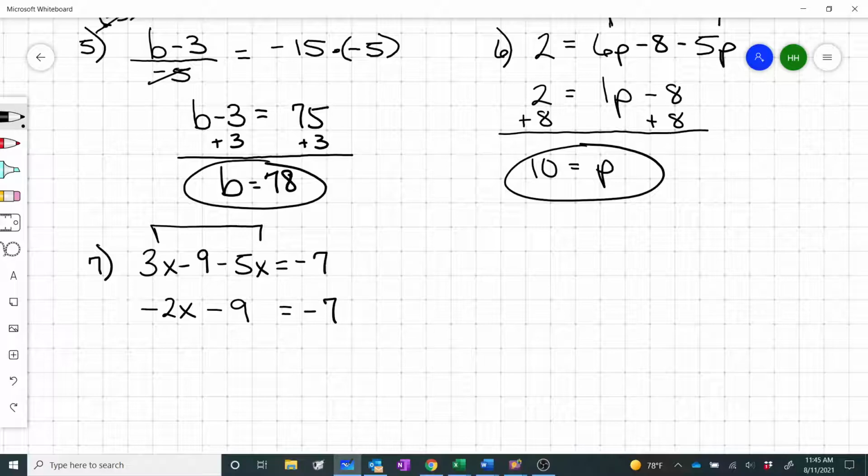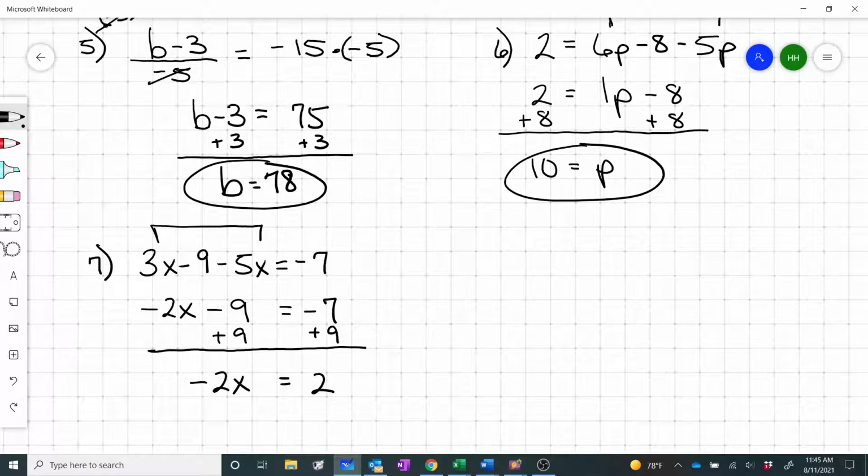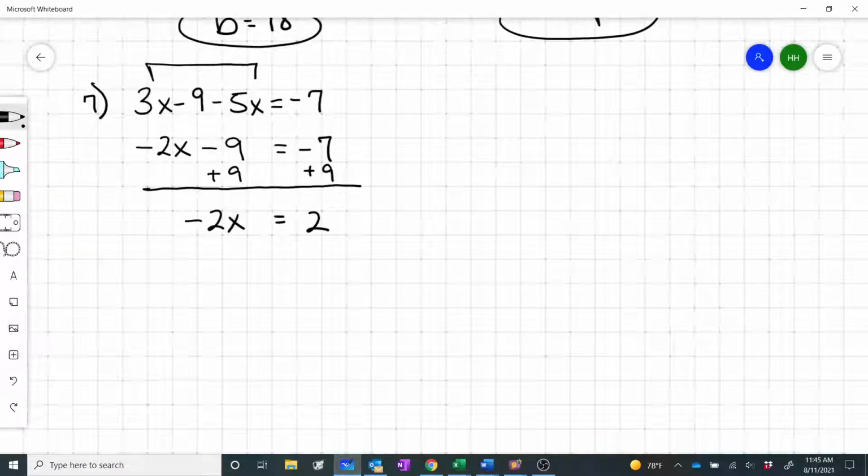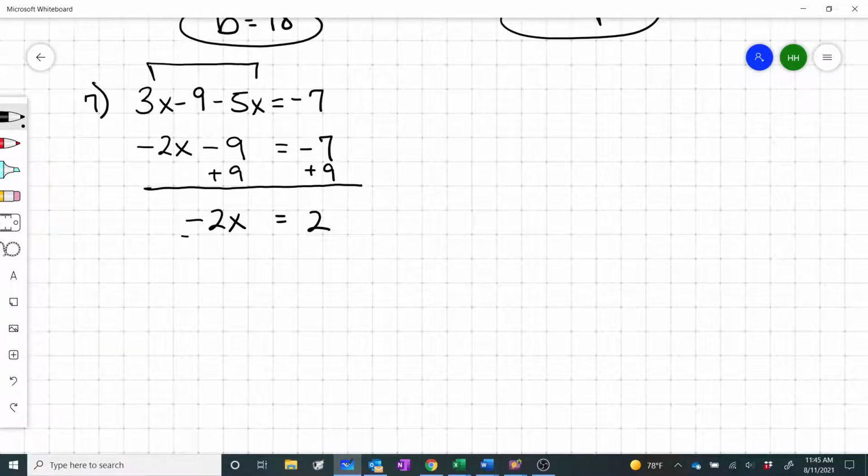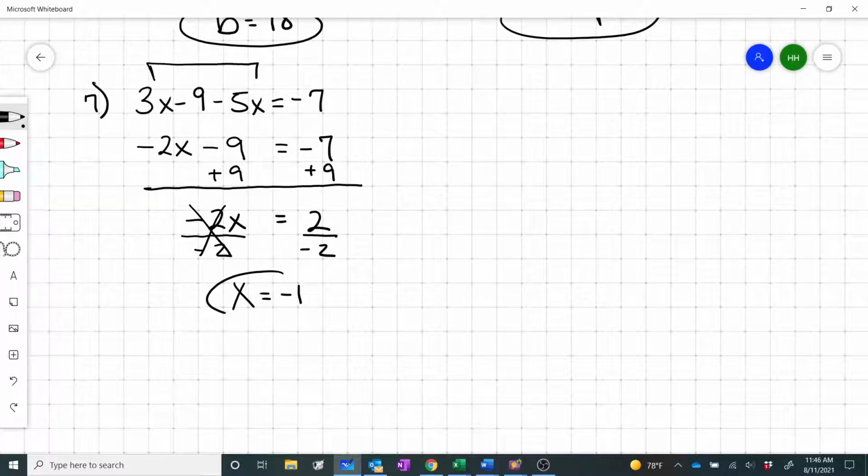So now you can add 9 to each side. And this negative 2x is equal to 2. And then divide by negative 2. These will cancel, and your x is equal to negative 1.